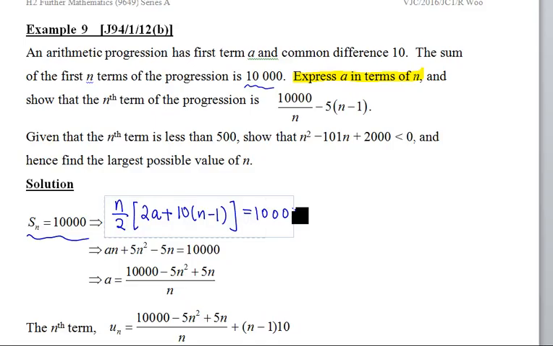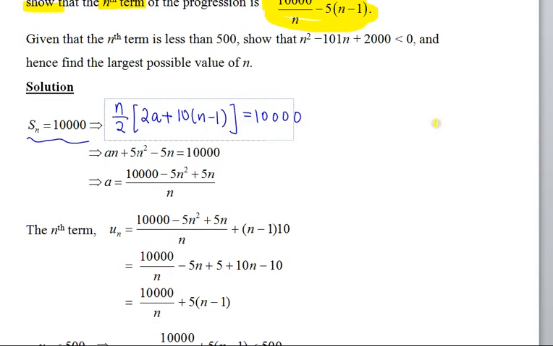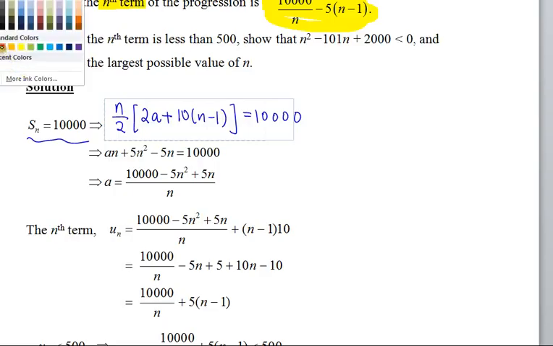Question? Okay, good. Next. Now you want to show that the nth term is actually this. I know there's no copying, but better make sure you know what you're doing.